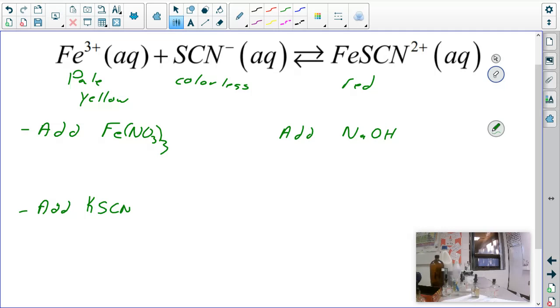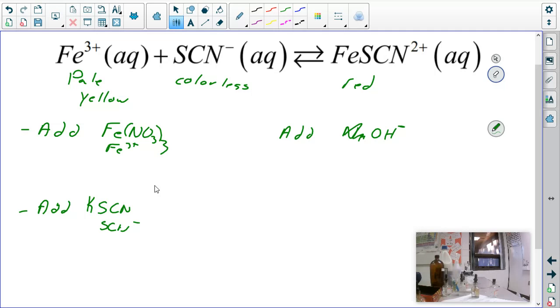SCN, but essentially we're adding Fe3 plus, SCN. And over here, what we're actually adding, the important part, is the NaOH. Now, both of these, iron and the SCN, iron 3 and the thiocyanate ion, are both on the reactant side. So these can be classified as adding a reactant.